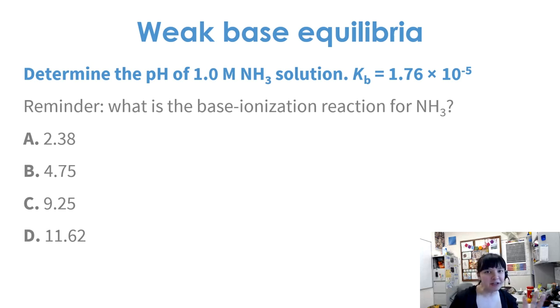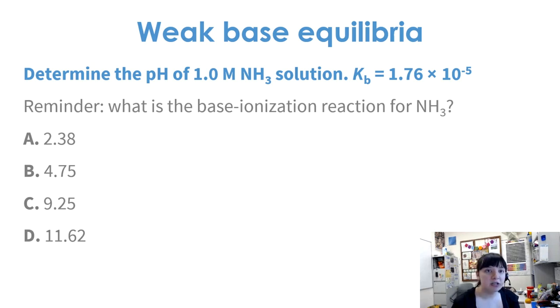Okay, so hopefully you've taken some time to think this one through. Even if you weren't totally sure how to approach this problem, as a general guess, because we're working with a base, we can narrow down our options for this multiple choice problem based on what we know about basic solutions. Remember that for an acidic solution, the pH is expected to be less than 7 or even a negative number.